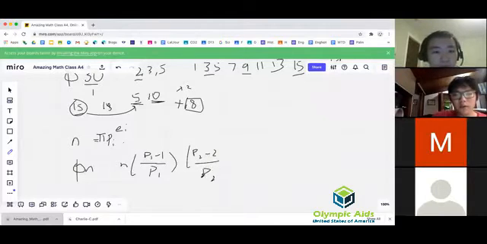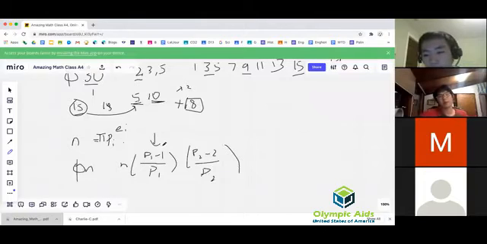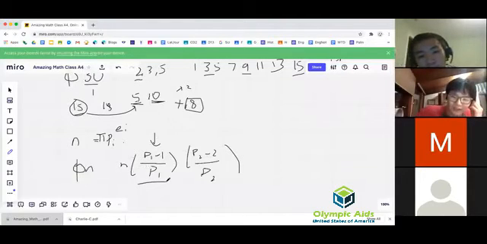Because you just go through each of the primes and multiply by (p1 minus 1)/p1. This is the ratio of things that aren't divisible by p to the total, and this will always work.